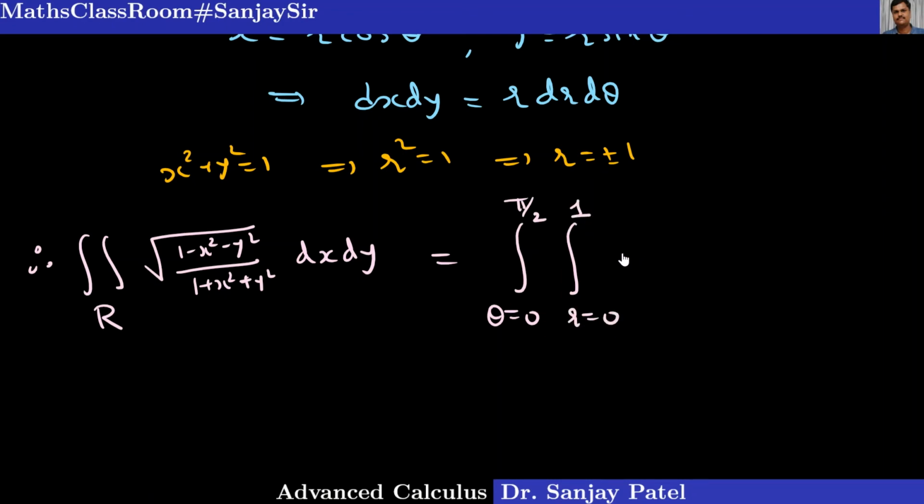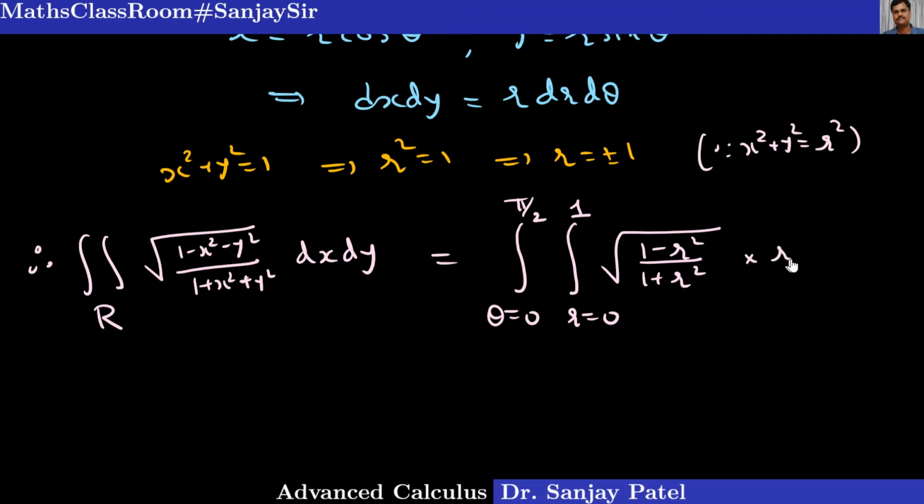And this function becomes square root of 1 minus r square, because x square plus y square is equal to r square, the relation between the polar and Cartesian coordinates, upon 1 plus r square into r dr d theta.